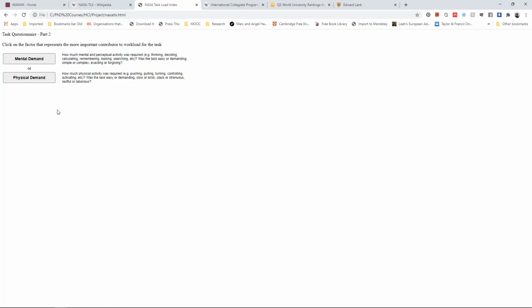So just remember this comparison. Mental demand versus physical demand, I think yes, this was more important. Effort was also more important. Here both are kind of mental. I think effort is more important here.